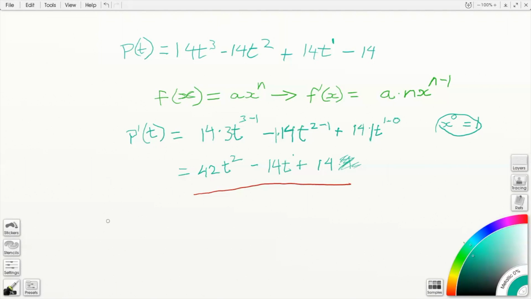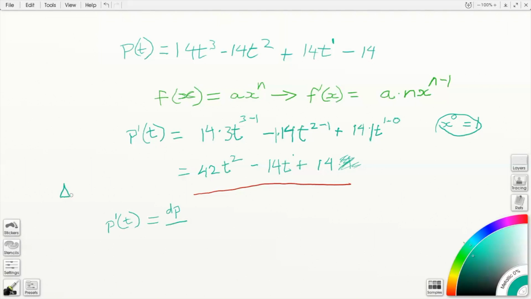However, this can now be summarized as p'(t), or another way to write this actually is dp. So the change d, if you've done physics, you'd be quite familiar with this.